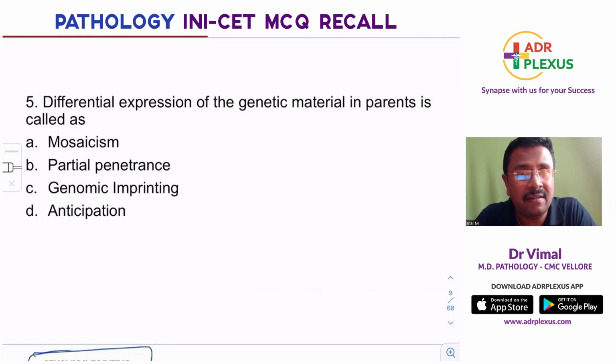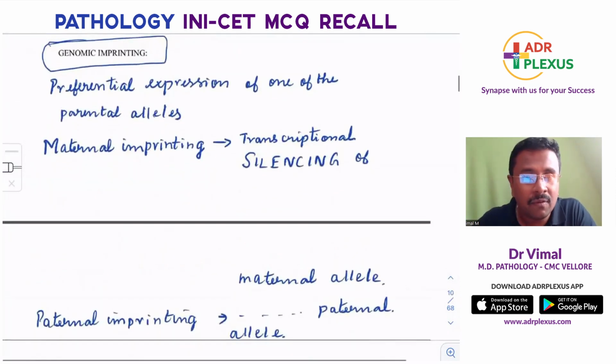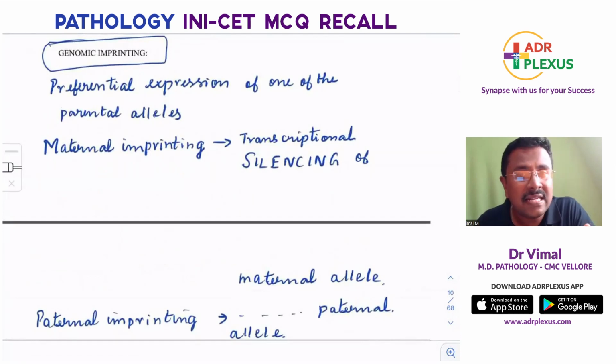genomic imprinting. This phenomenon is called genomic imprinting, and we have discussed this in our workbook. You could see the notes, that it is a preferential expression of one of the parental alleles. We know that for each gene expression, there should be two alleles. But what happens when there is a preferential expression of one of the parental alleles?